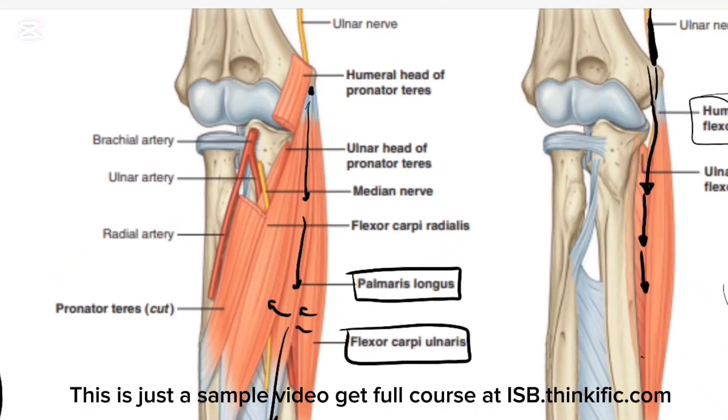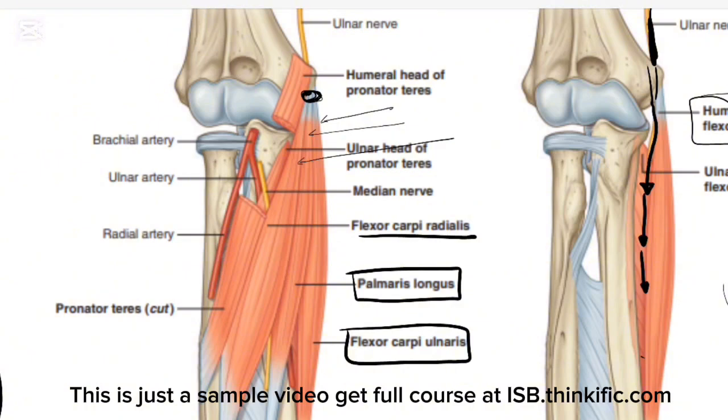Just next to it is another muscle called flexor carpi radialis. This one, that's flexor carpi radialis. It originates also from the medial epicondyle of the humerus. So you can say that the flexors have a common origin from the medial epicondyle: the humeral head of flexor carpi ulnaris, the palmaris longus, and the flexor carpi radialis.